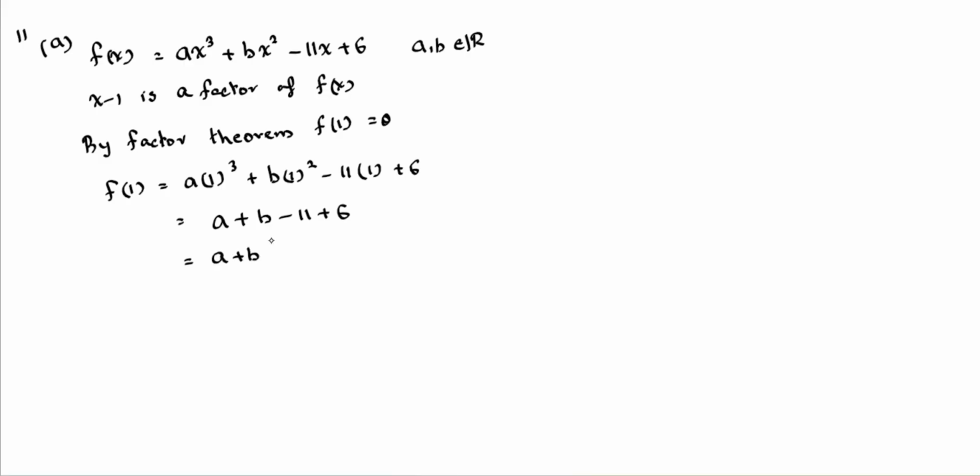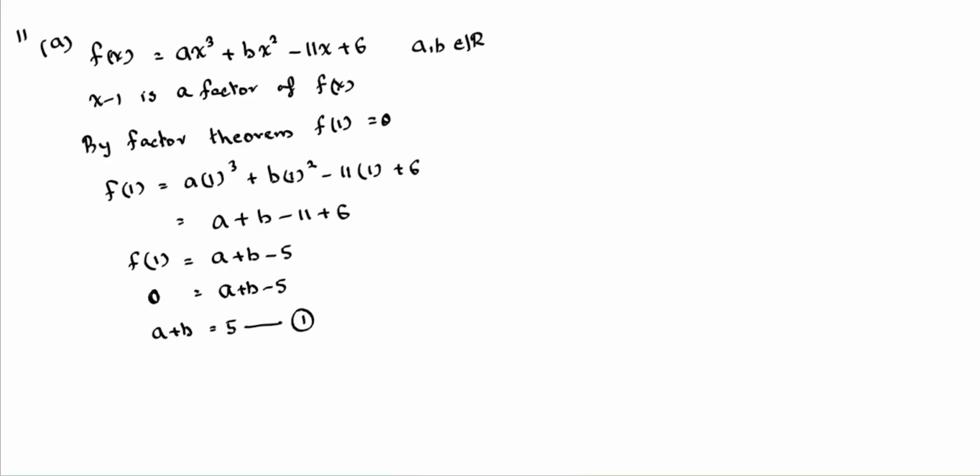Minus 11 plus 6 is minus 5. Since f(1) is 0, a plus b minus 5 equals 0, which means a plus b should be equal to 5. This is equation 1.